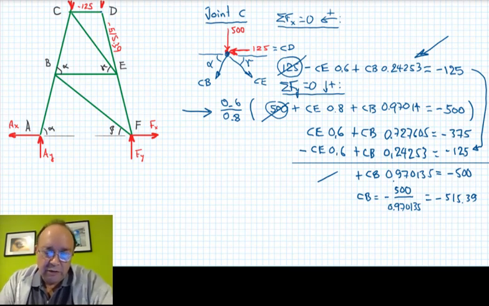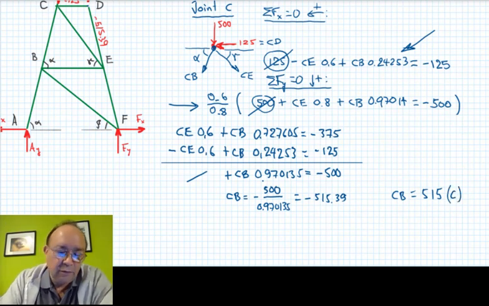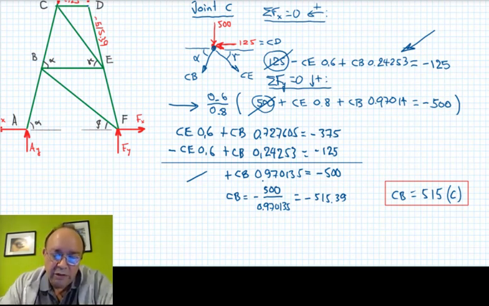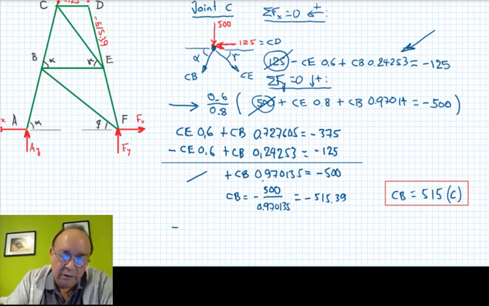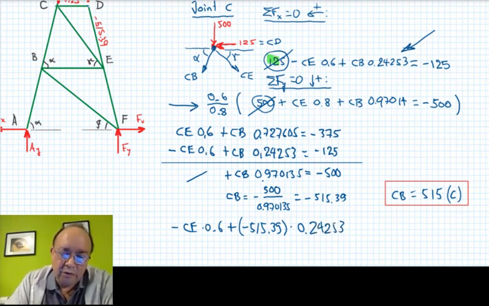So this is negative, so this is compression, right? CB equals 515 compression. Now we can put CB into any of the other equations. For example, the first one. So we have minus CE times 0.6 plus CB, which is negative 515.39, times 0.24253. I am using this equation.